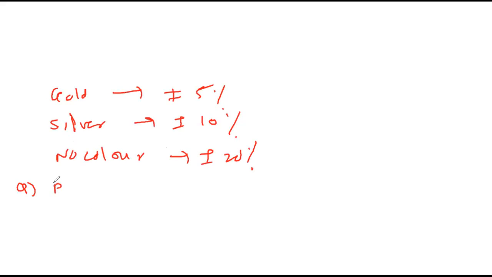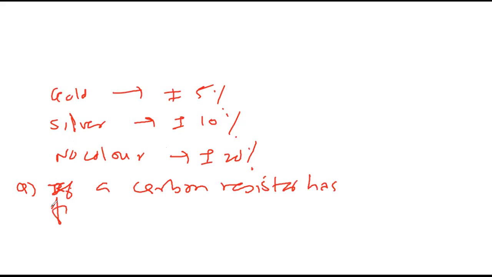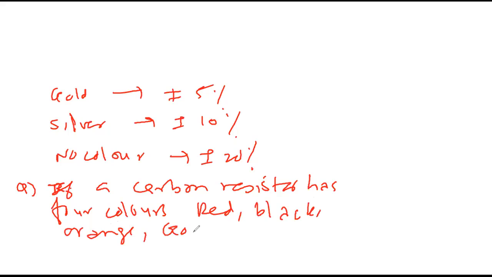So if a carbon resistor has 4 colors, red, black, orange, gold, determine the value of resistance.